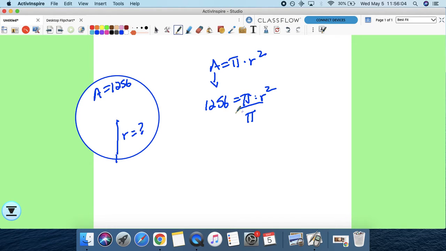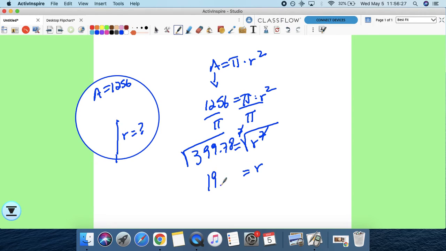Divide both sides by pi, and we get 1256 divided by pi is 399.78 equals r squared. Take the square root. So we get r equals the square root of 399.78, which is 19.994. So that's your radius right there.